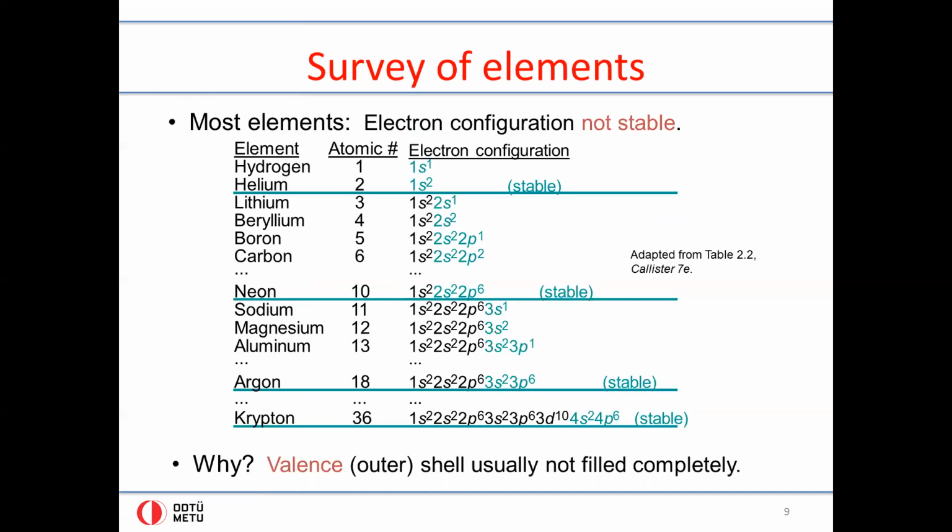So then, the electron configuration, meaning the arrangement of electrons, is not stable for most elements, basically for all other than the ones you refer to as the stable or noble or inert elements, such as helium, neon, or argon, etc., which have full shells and don't have any partially full shells.